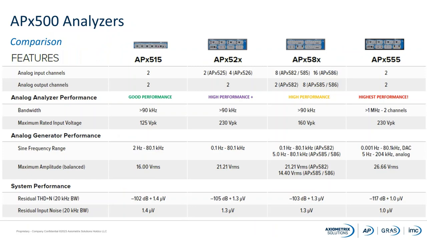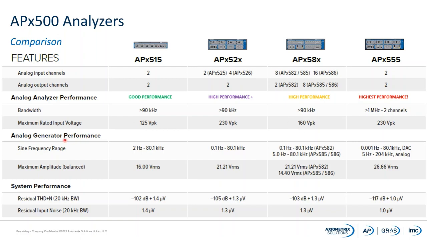Just so you get a basic idea about the differences between these analyzers, here I have some of the analyzers of Audio Precision, and you can see that the basic differences are related to the amount of analog inputs and outputs, but also related to the performance of the analog analyzer itself in terms of bandwidth or the maximum input voltage that they can measure.